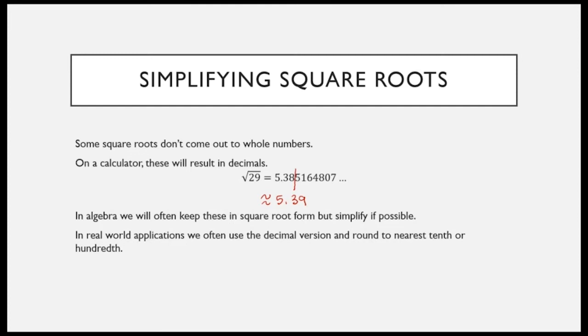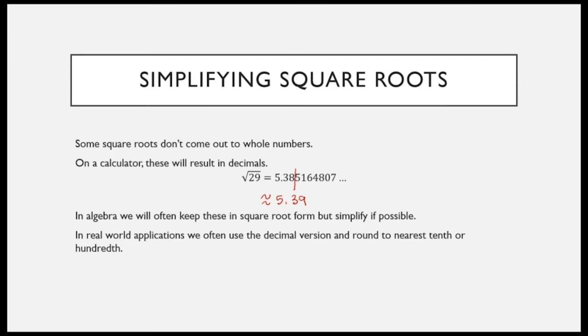So the whole thing that we're going to be doing is simplifying these, and we're going to just start with simplifying square roots, and then we'll go into cubed roots and kind of generalize that. But the basic rule is, most people have so far only dealt with square roots, and they often don't come out to whole numbers. And so if you put it on your calculator, you're going to get a decimal.